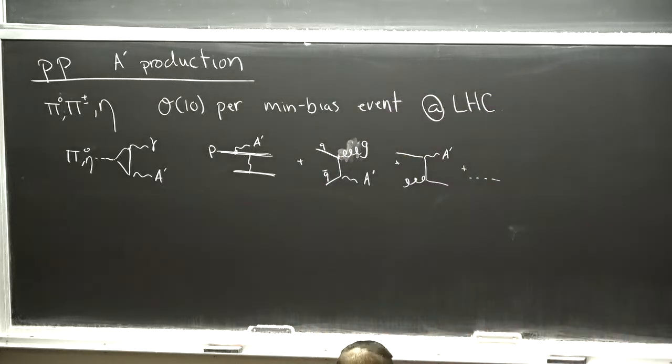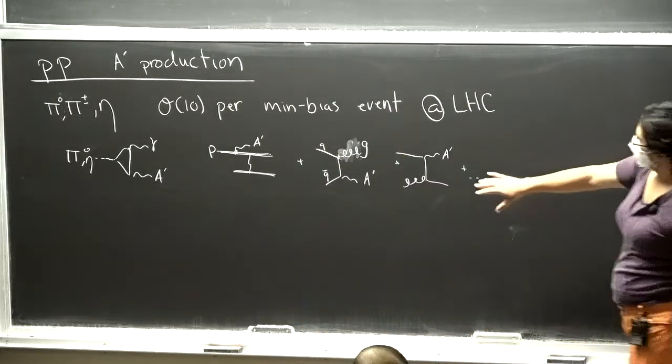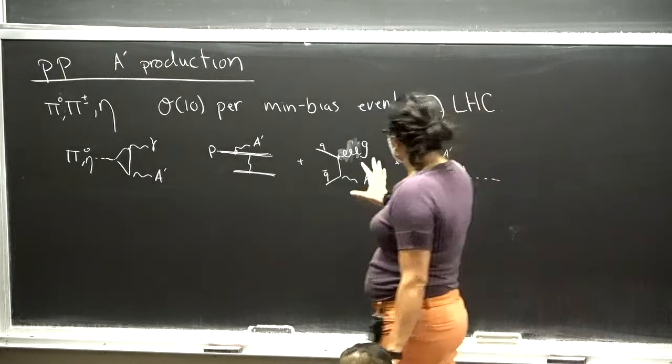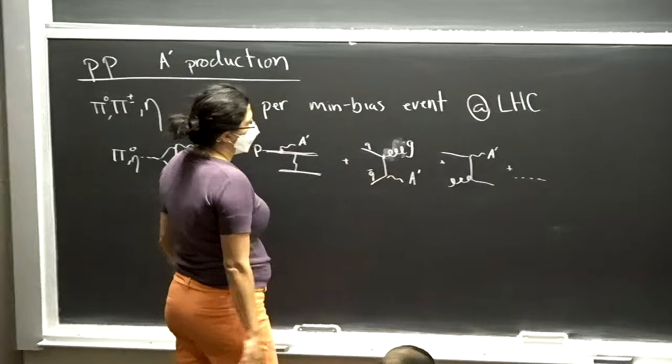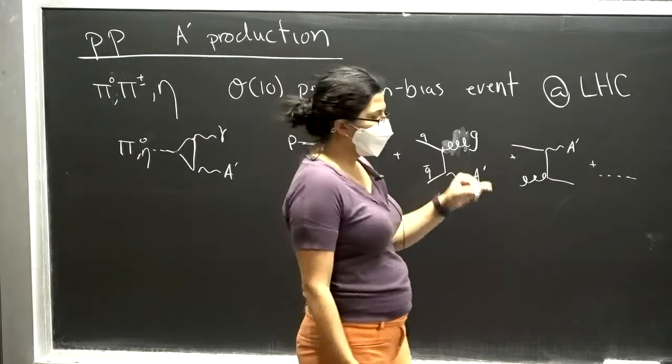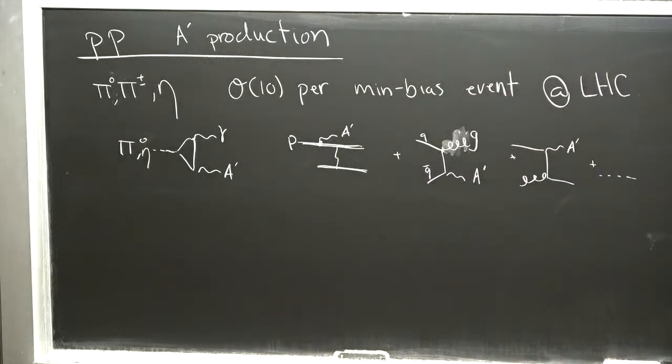And there are challenges to modeling this as well, especially in a low pT region, because it really relies on PDFs at extremely small x and at a very low momentum transfer scale q squared, where QCD is getting strongly coupled and some of the PDF sets stop making a lot of sense.